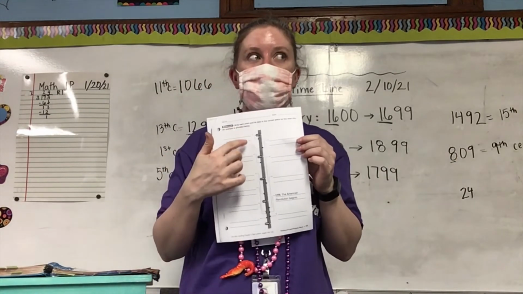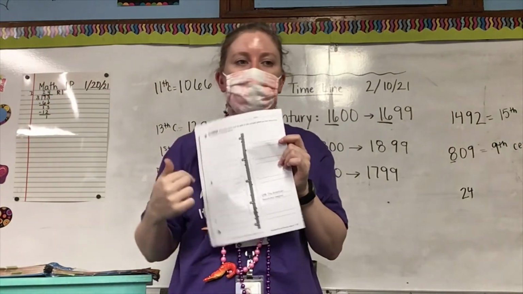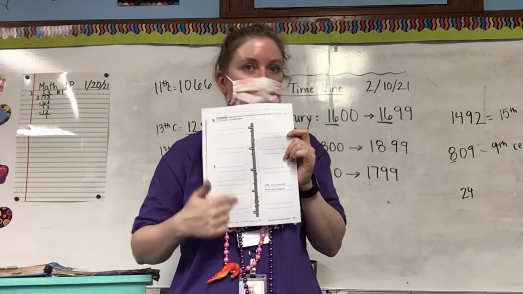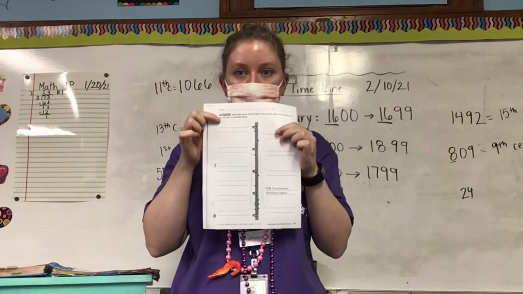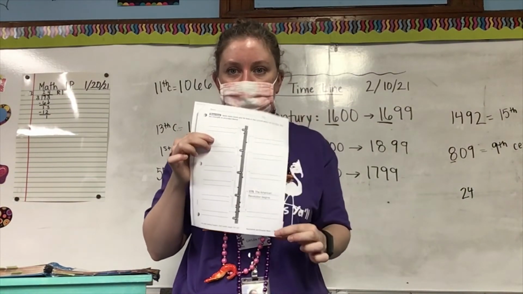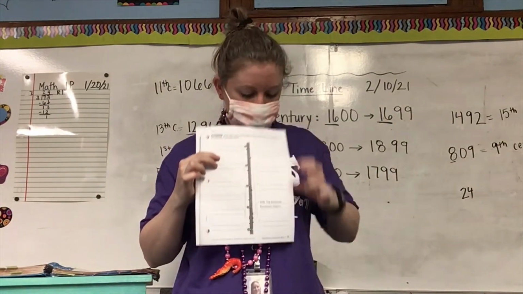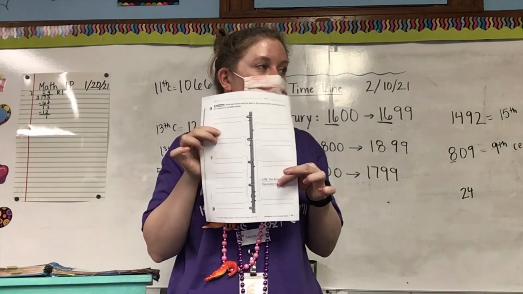I worded the question wrong. Victoria, you're right. There are 11 spaces on this timeline. Do you see? But 1 is already filled in. So 1, 2, 3, 4, 5, 6, 7, 8, 9, 10, 11. One of those 11 is already filled in.